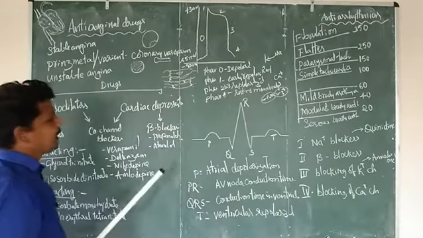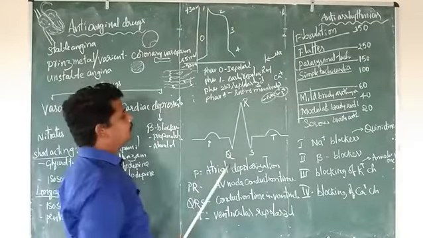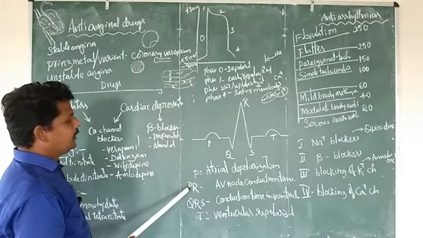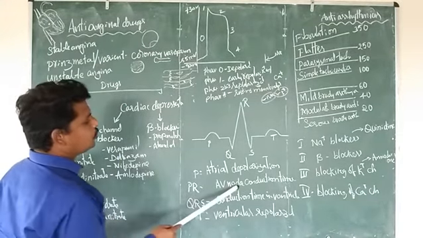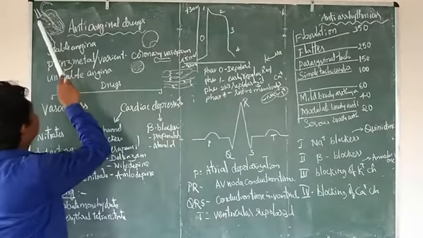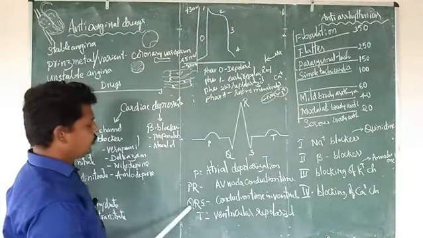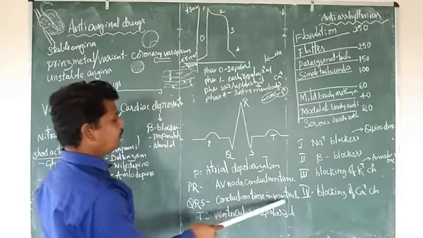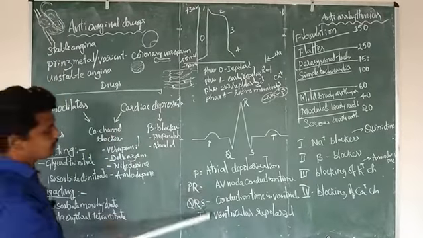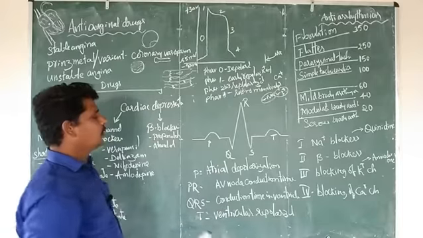It basically has P, Q, R, S, T. P denotes atrial depolarization, and PR is the AV node conduction time, from the SA node to the AV node. Then QRS is the conduction time in the ventricles, and T is ventricular repolarization.